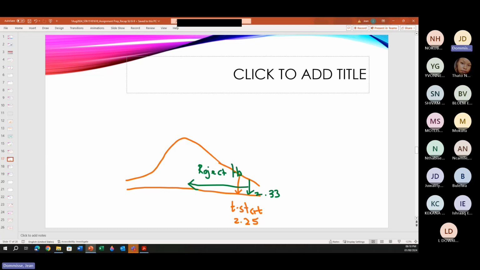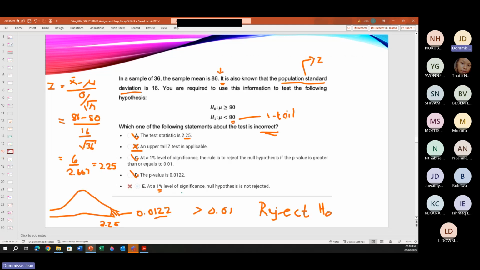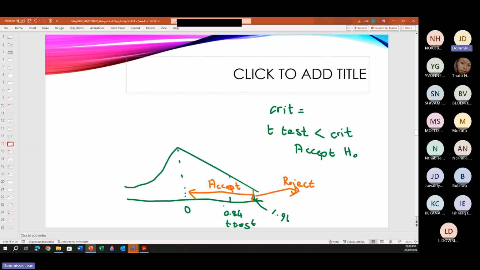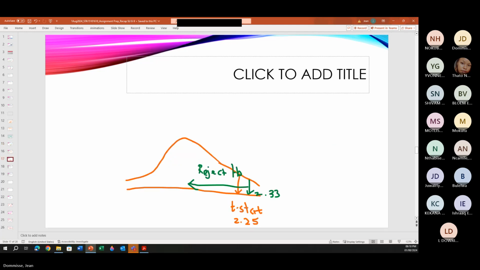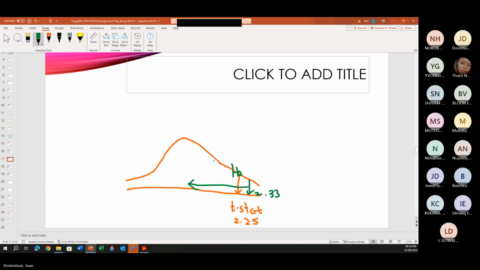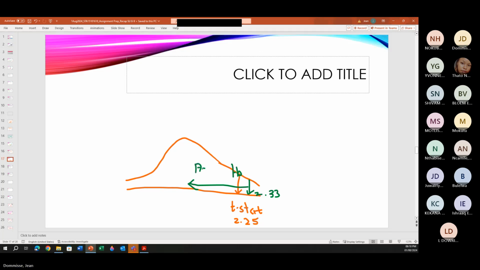Okay, so let's just quickly see what they say. At the 1% level of significance, the null hypothesis. Oh, sorry, what did I say now? Sorry, this is wrong. I'm now making myself confused. Let's just quickly check. That normally is accept the null hypothesis. Sorry, not reject. Because it lies within, accept the null hypothesis.